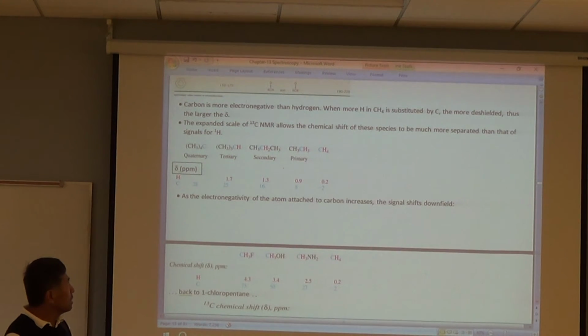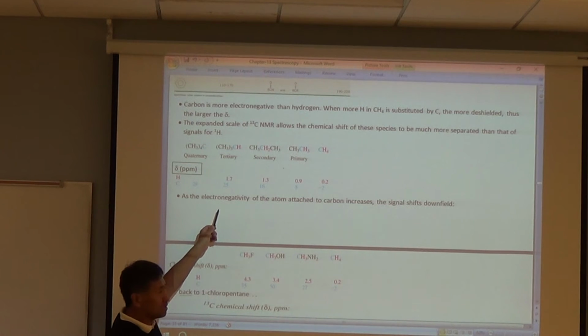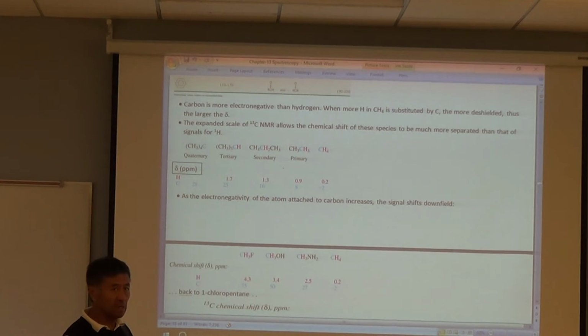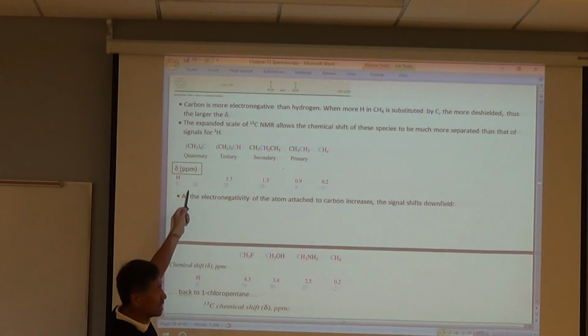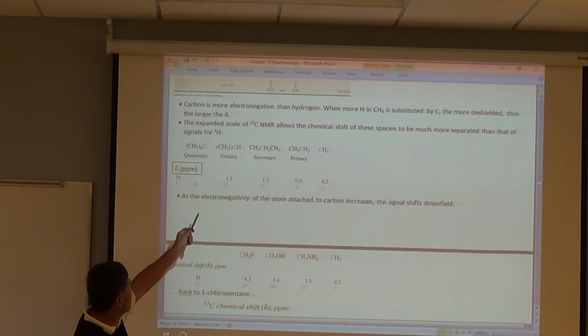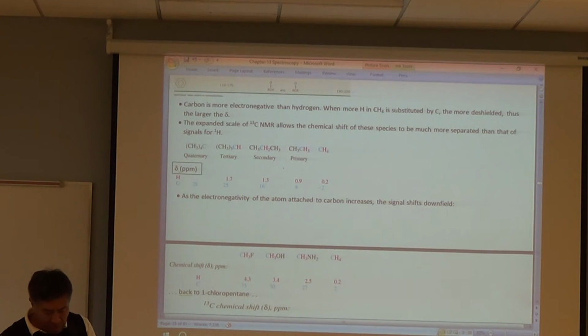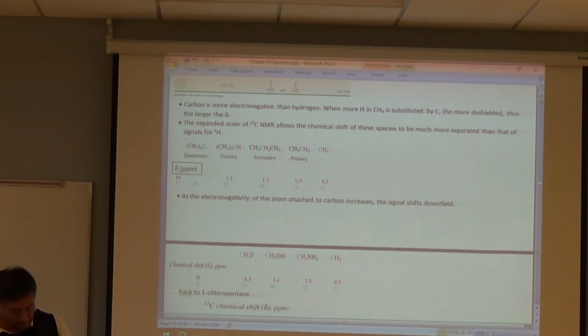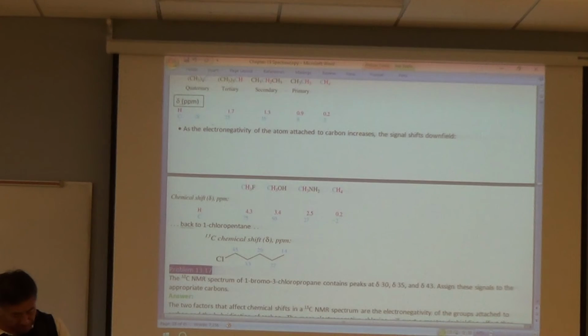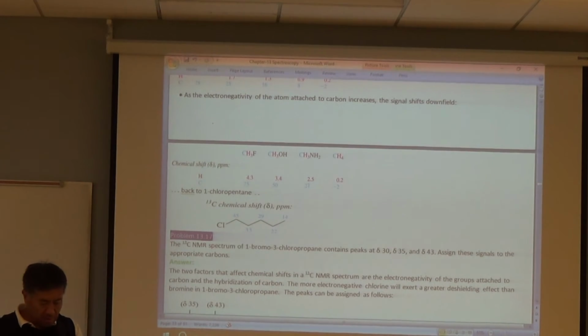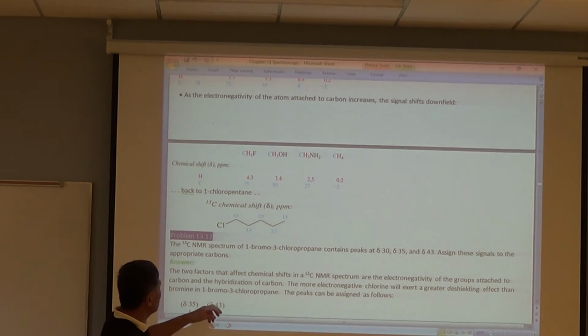Okay, and you can see this set of numbers tells you the chemical shift for the carbon that is blue. And the red number is the chemical shift for those H that is red. And you have a similar pattern.